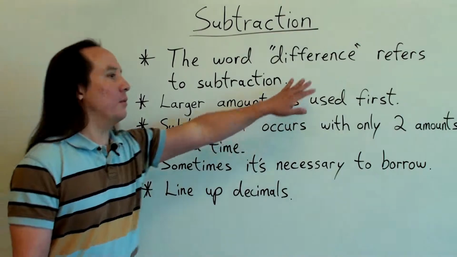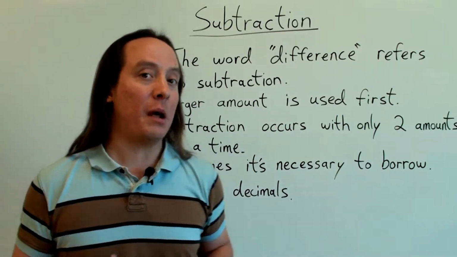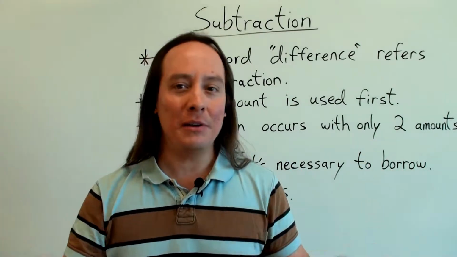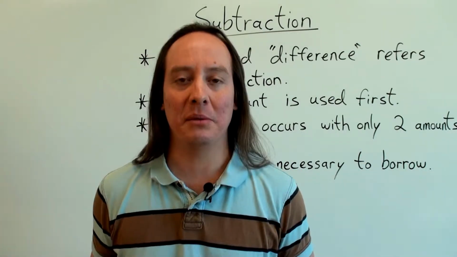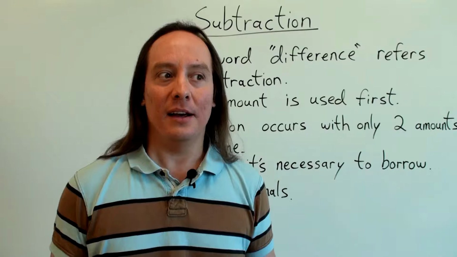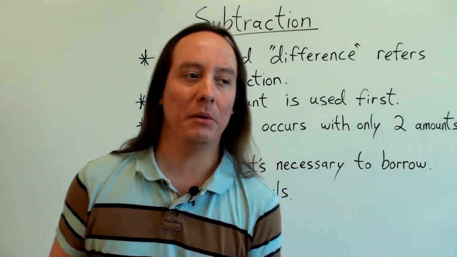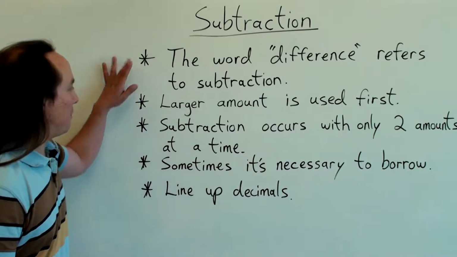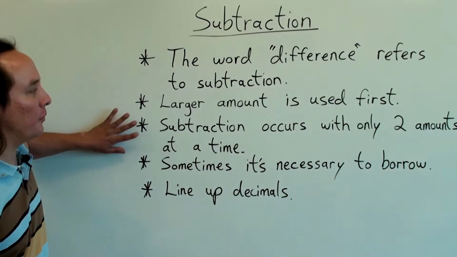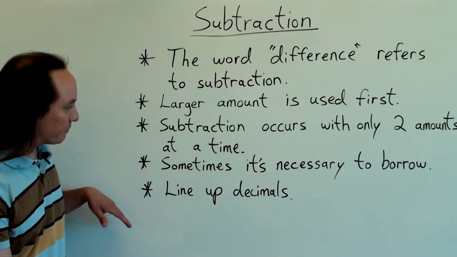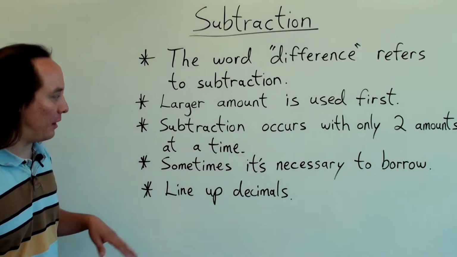First off, if they give you the word difference, that's a good clue. It's probably a subtraction. And then if they only give you 2 amounts, boom, it's almost a guaranteed subtraction problem. Now, if they give you 3, you might want to look for another operation, another step in that problem, just so you know. But this first one and the third one here might be good clues in word problems that you have a subtraction type of operation to do.